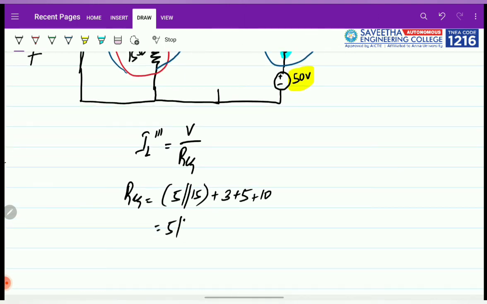So 5 parallel to 15 plus 18. So let us see what the R equivalent value is. Now we have to find what 5 parallel to 15 is. So 5 into 15 divided by 5 plus 15, which is 20. We get 3.75. 3.75 added to 18, we get 21.75.